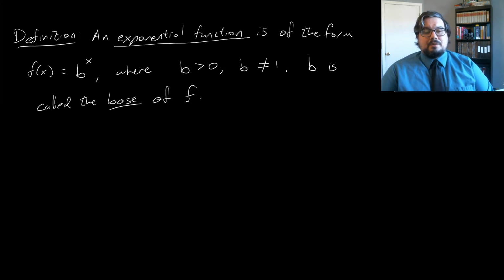So we've got exponential functions, and they're of the form some constant number raised to a variable. Now, the base has to be positive and has to not be equal to 1.